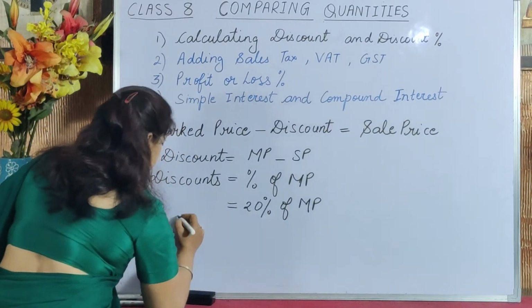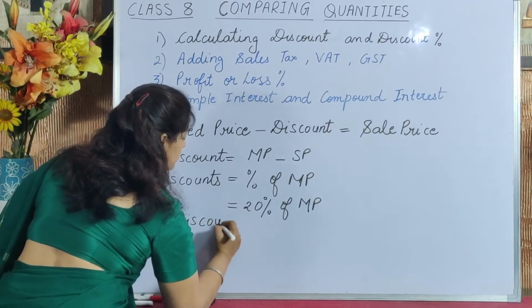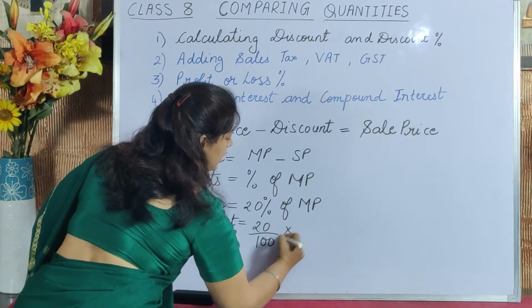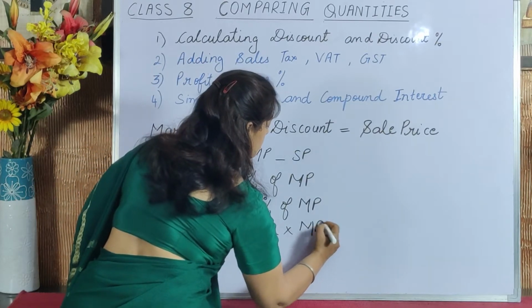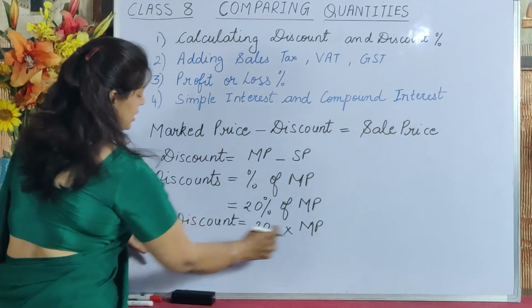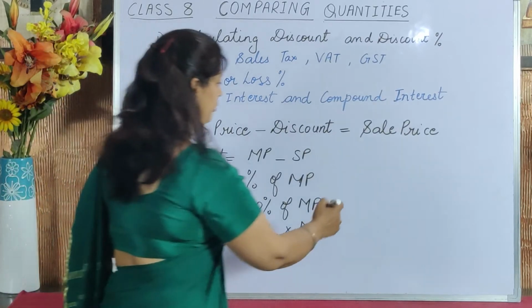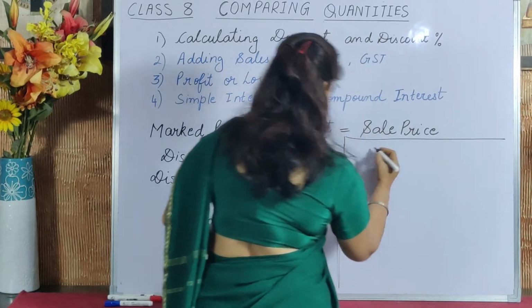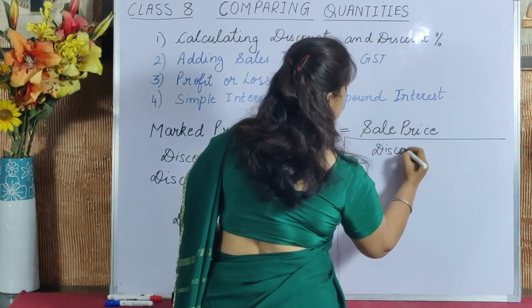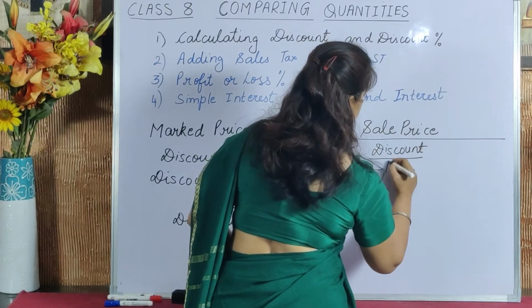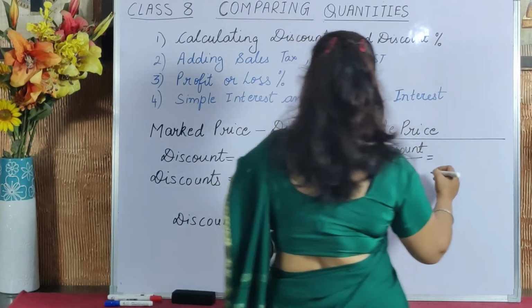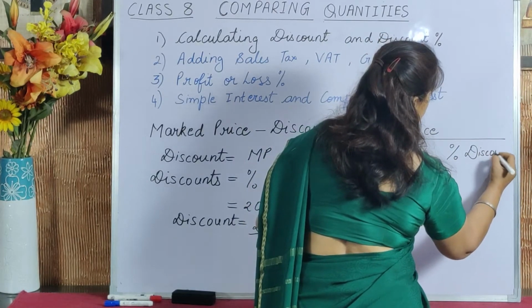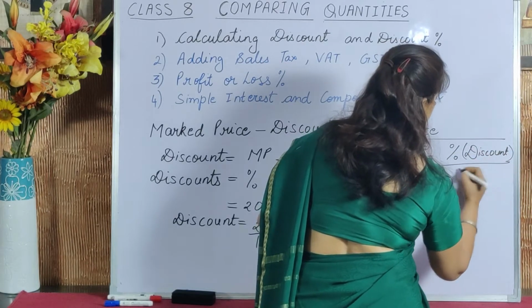Now, this can be written as discount is equal to 20 upon 100 multiplied by marked price. Now, if I bring the marked price to the other side of this equivalent equation, this becomes discount upon marked price is equal to percent. 20 is the percentage of discount. Percentage of discount upon 100.